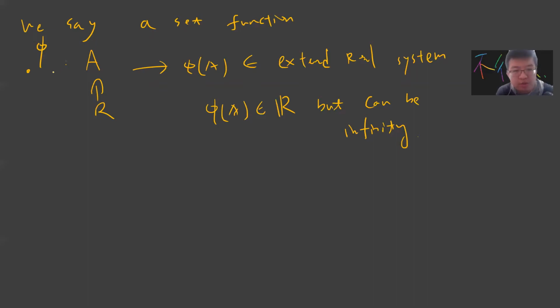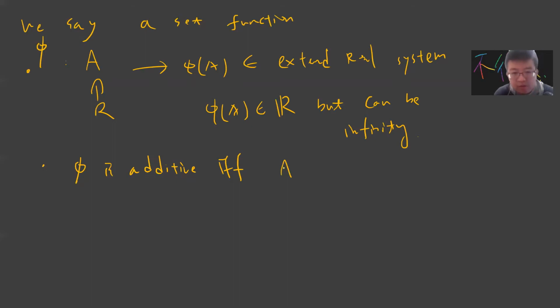We say that a set function phi means that given any set, we assign each set a number which can be real, but it can be infinity. Okay, the second definition is that we say phi is additive. Additive means that it can be added, right?